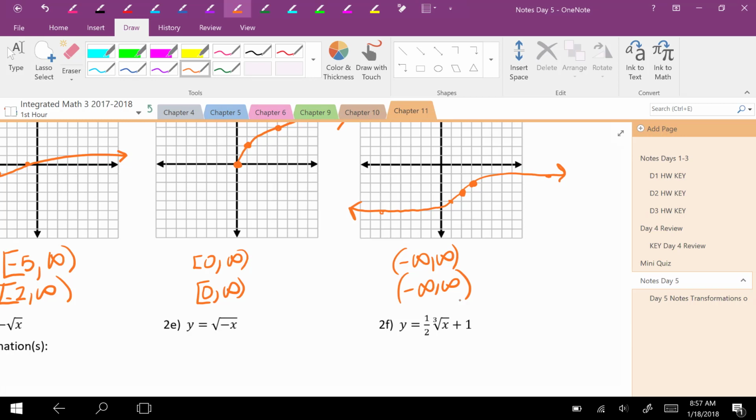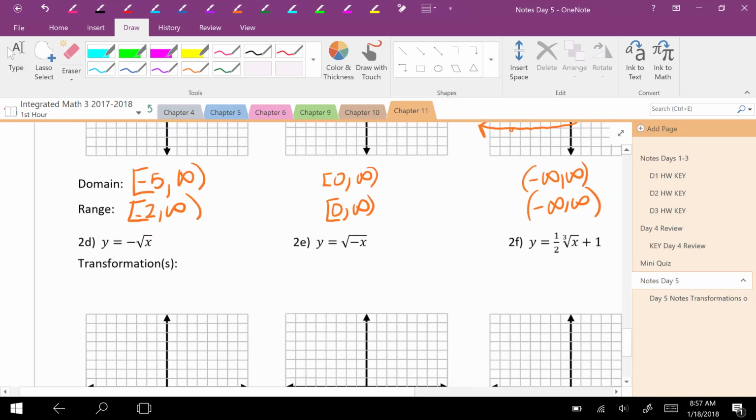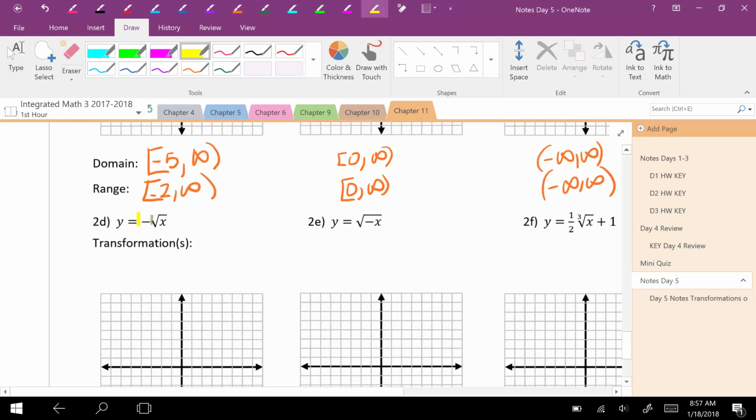Okay. Let's talk about these next ones here. What is this negative all the way out in front meaning here? Yeah, reflect over the x-axis. And you want to write that because sometimes we reflect over the y. So is our vertex in this situation going to be changing?